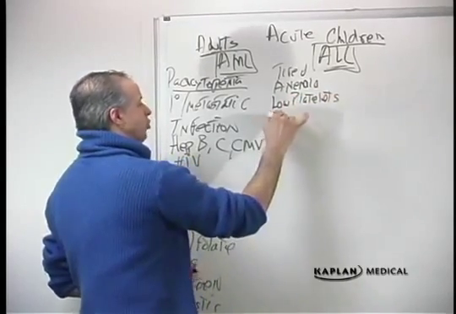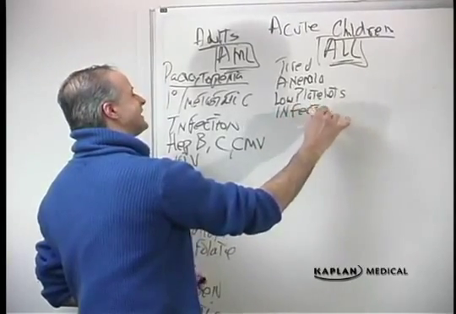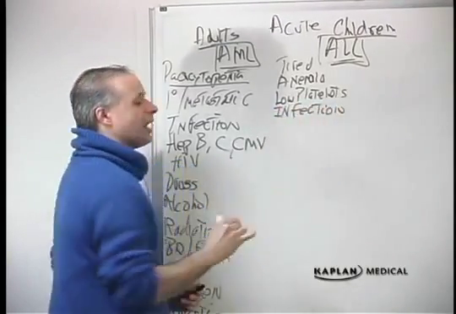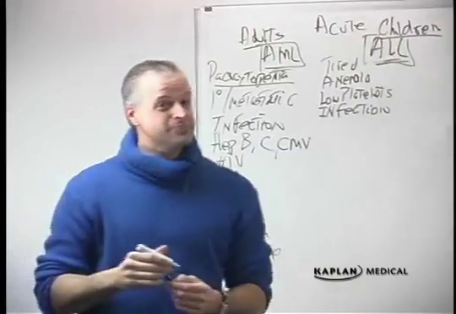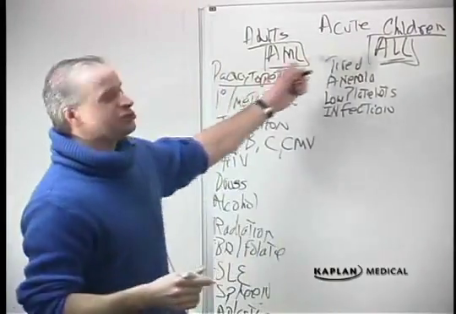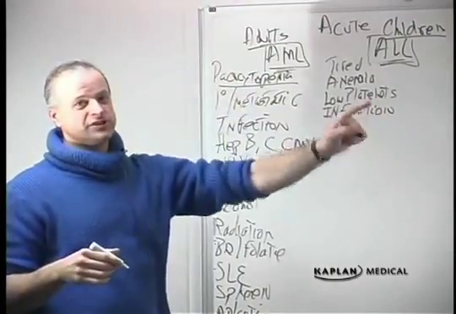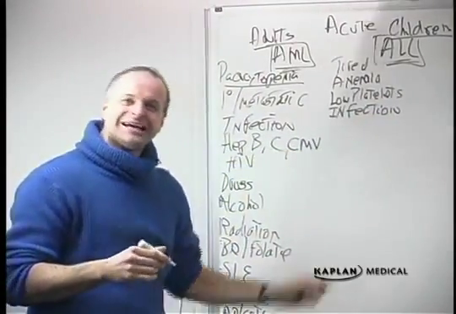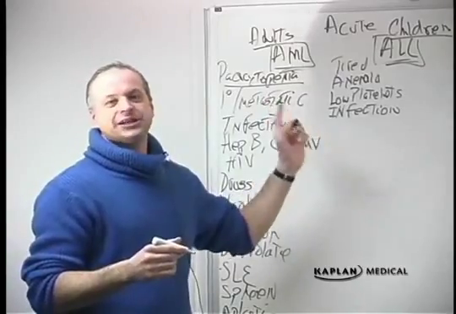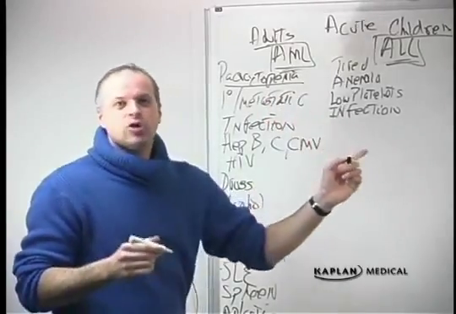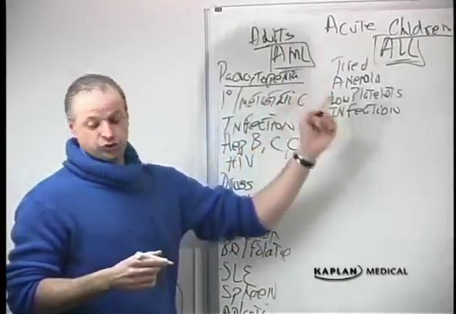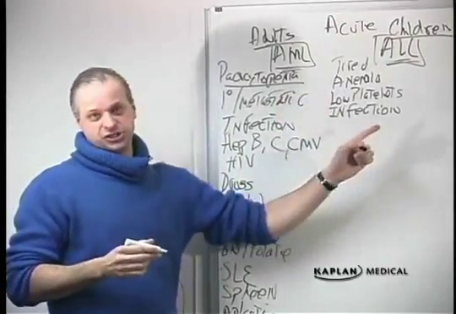They have infection. Why? Because even though the white cell count might be high, because with acute leukemia, the white count can be high in 1/3, normal in 1/3, down in 1/3, even though the white cell count can be high, the white cells do not function.